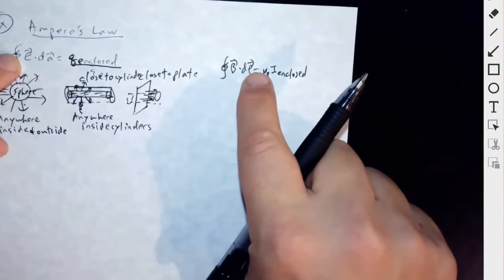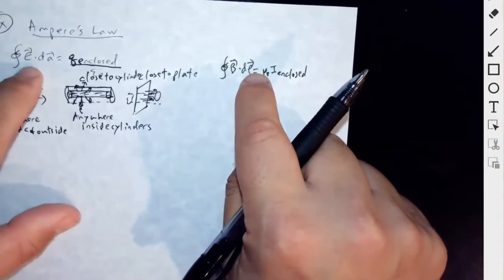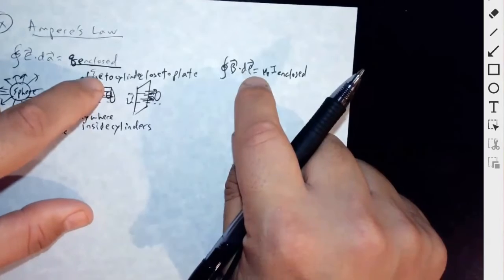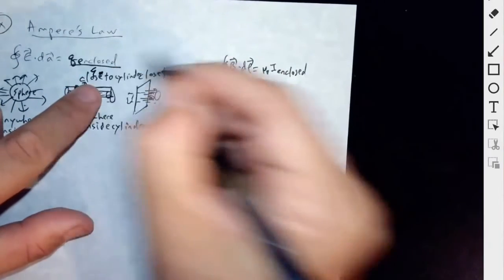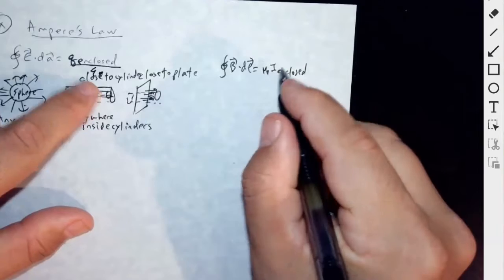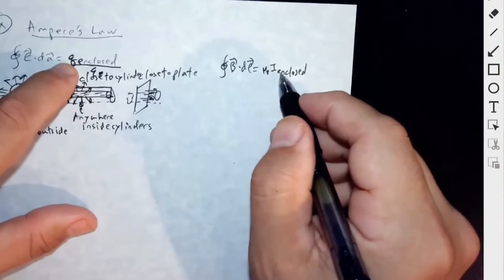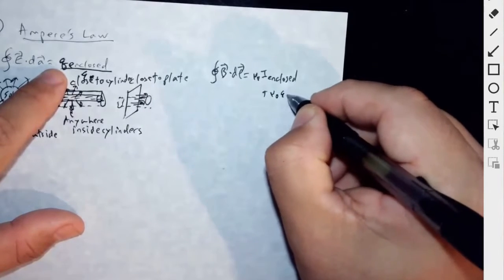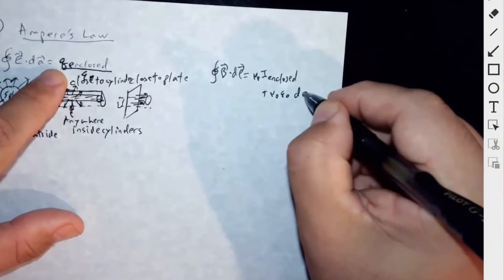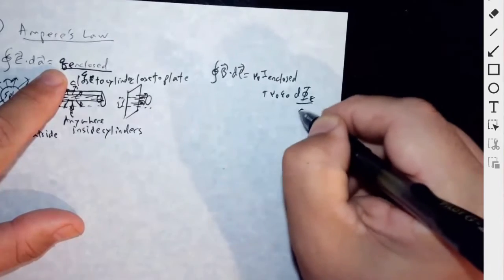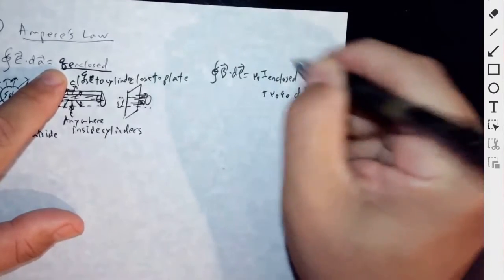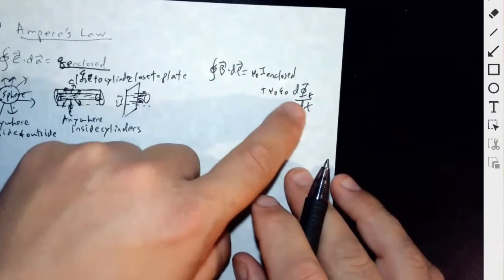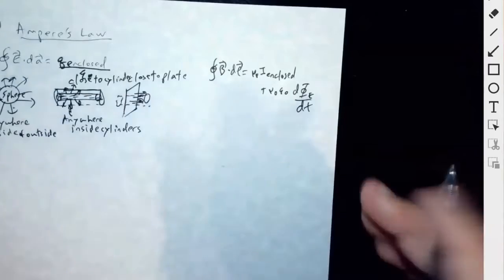The magnetic field dotted into the dl, instead of a surface integral, it's a line integral. Instead of epsilon-0 on the bottom, it's mu0 on the top. And then instead of Q, it's I, the current. Plus it's got the modified portion, mu0 epsilon-0 d phi E dt. So we'll first focus on the first portion, mu0 I, and then I'll say what this one is all about, the second portion.